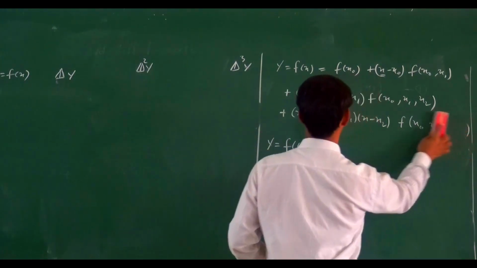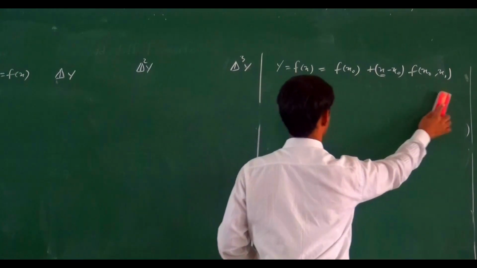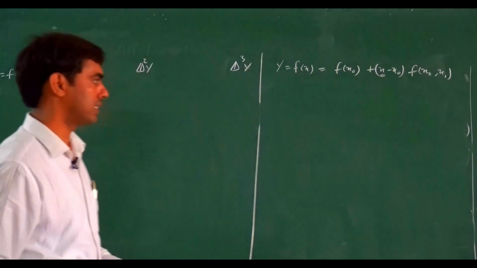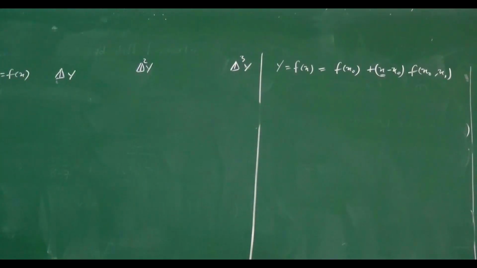Now suppose the values for x are 0, 1, 2, and the values for y are 0, 1, 20.